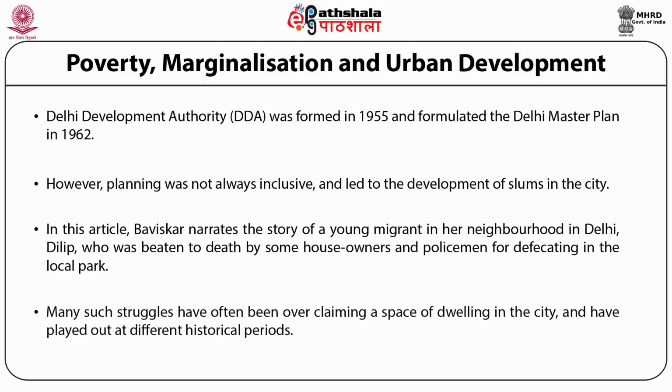Many such struggles have often been around claims for a space of dwelling in the city and have played out at different historical periods. During the emergency, that is from 1975 to 1977, large-scale demolitions of slums forcibly removed people from parts of Old Delhi to the marshy parts of East Delhi.